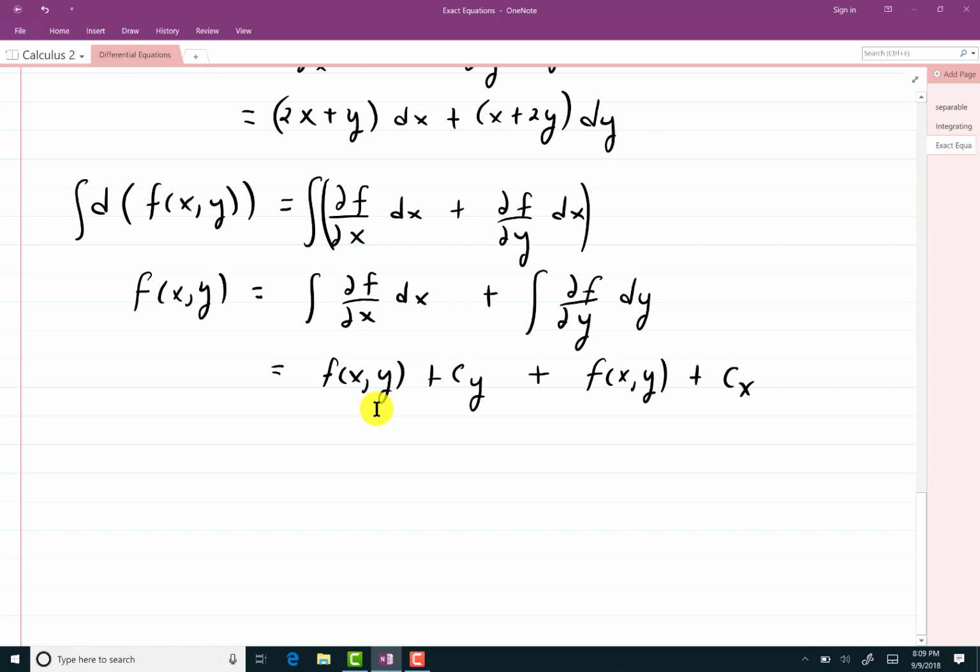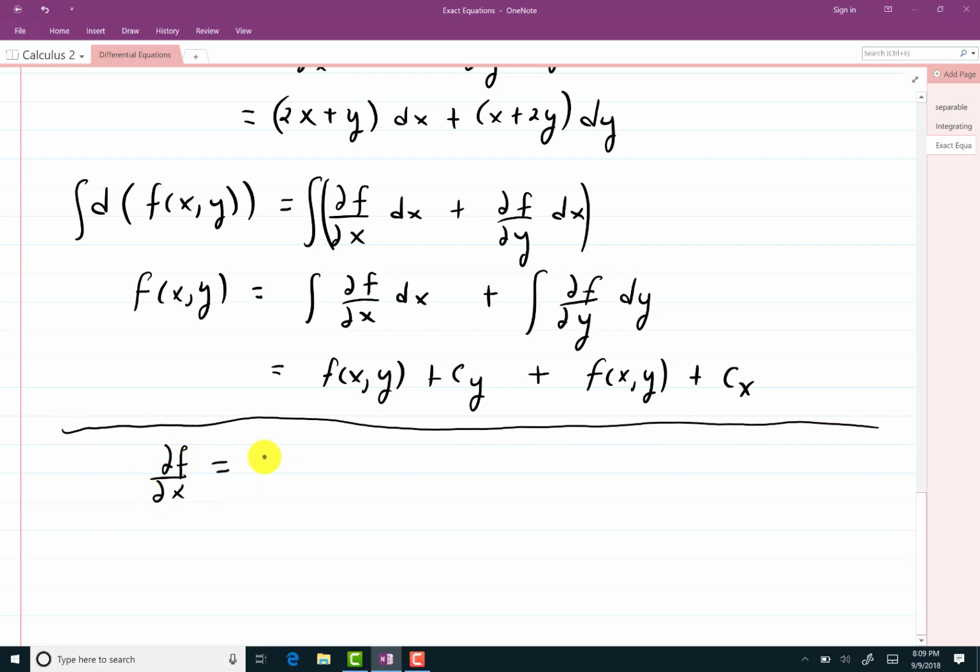Now, do I need to define them? I will. Let me just, for 1 second, define what that thing is. If I have a function, the partial of f with respect to x, for example, is a derivative like you're used to from Calculus 1, except the only variable that is changing possibly is the x. The y is held constant.